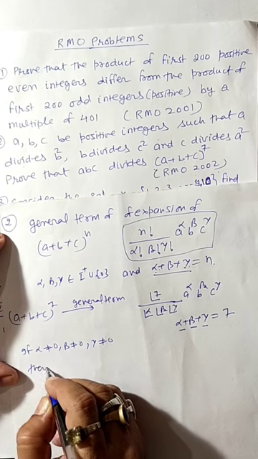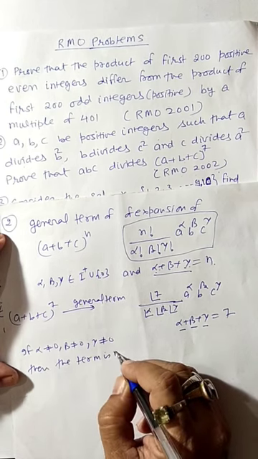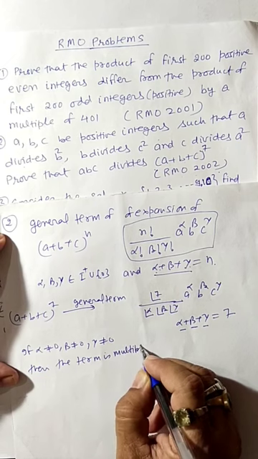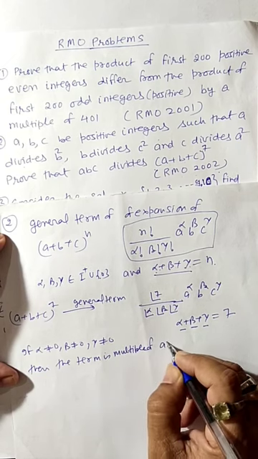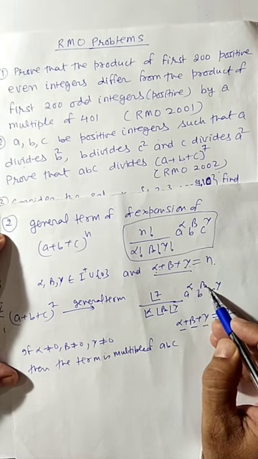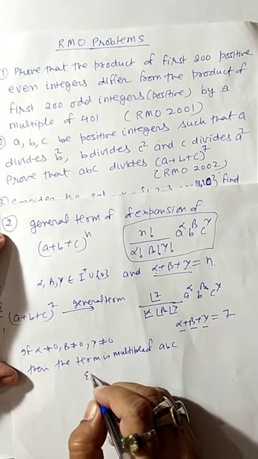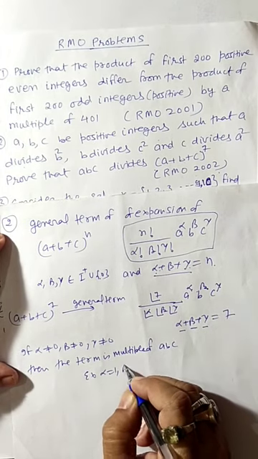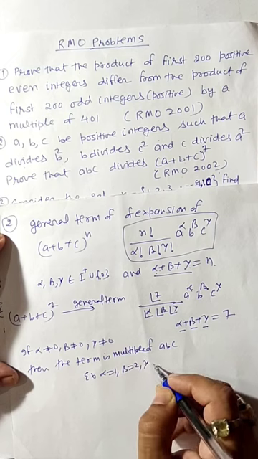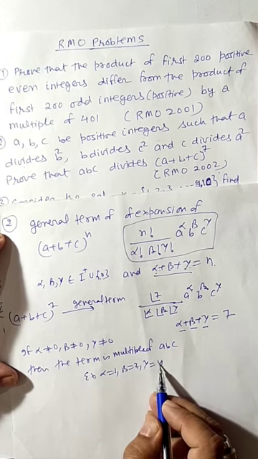Then the term is a multiple of a times b times c. Suppose, for example, alpha equal to 1, beta equal to 2, and gamma equal to 4. Their summation is 7: 1 plus 2 is 3, 3 plus 4 is 7.